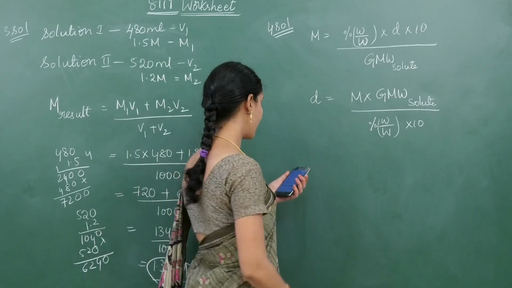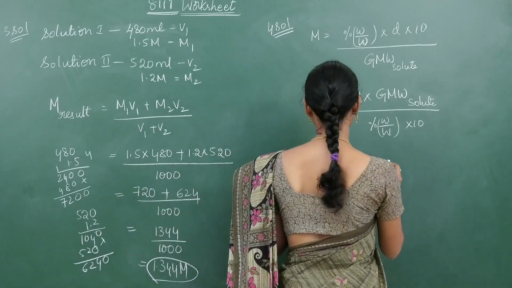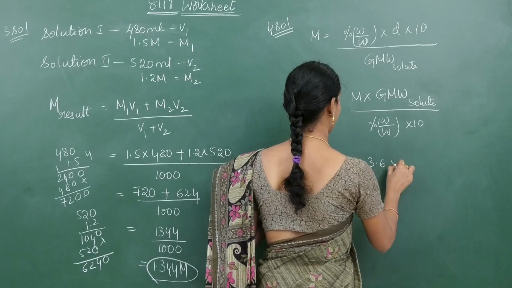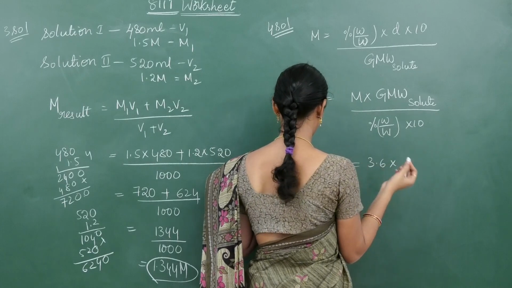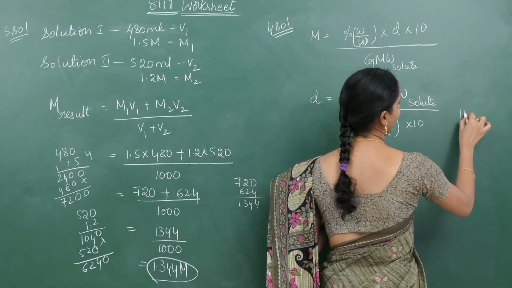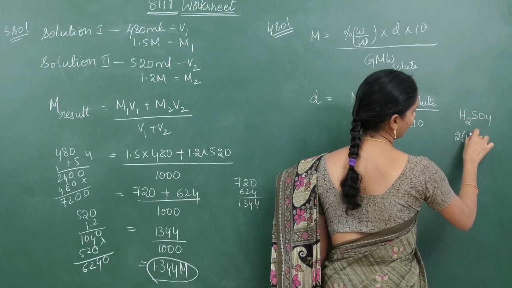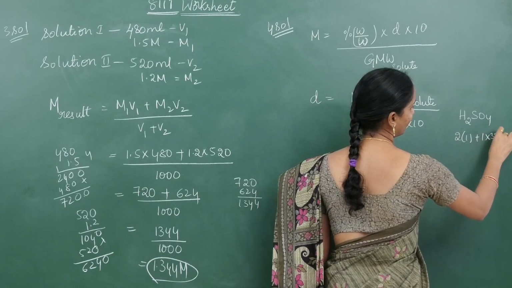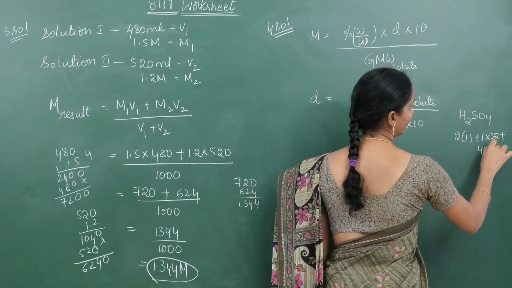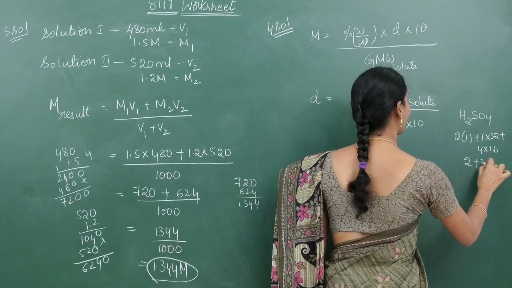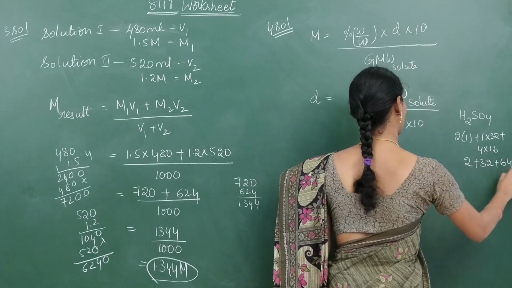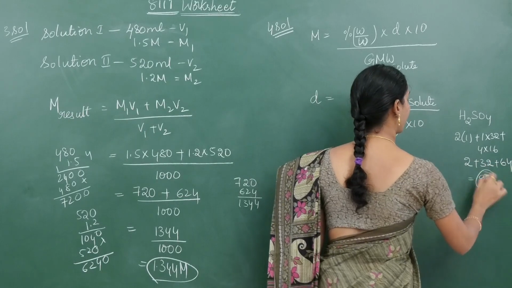So molarity, how much it is given, children, in the fourth question? 3.6 into gram molecular weight of, for what you have to do? Sulfuric acid. So H2SO4's gram molecular weight is 2 into 1 plus 1 into 32 plus 4 into 16. So 2 plus 32 plus 64, it is 98, children.